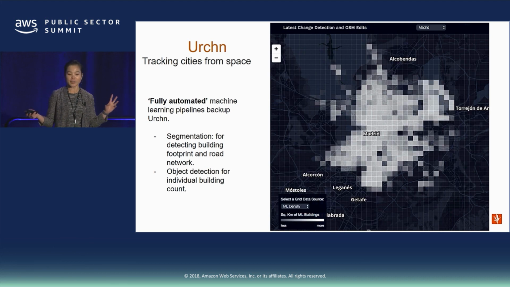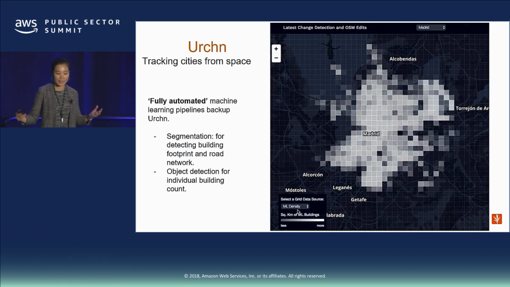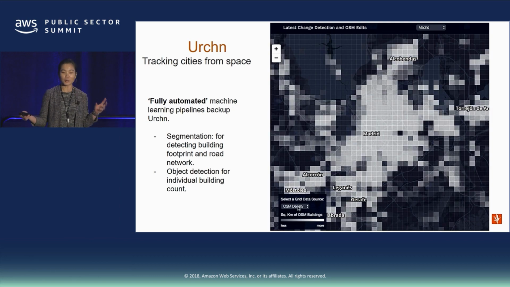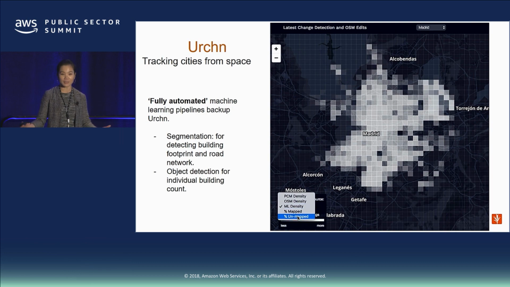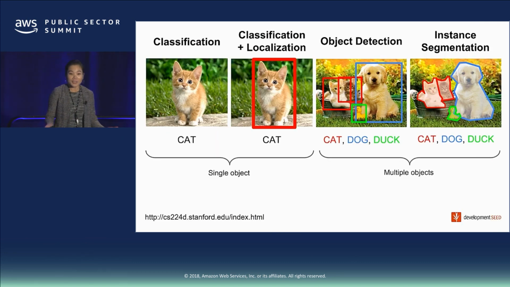For automated machine learning, I am going to go into the technical side now. We have segmentation and object detection on the supervised machine learning side. What are segmentation and object detection? Look at the right side.